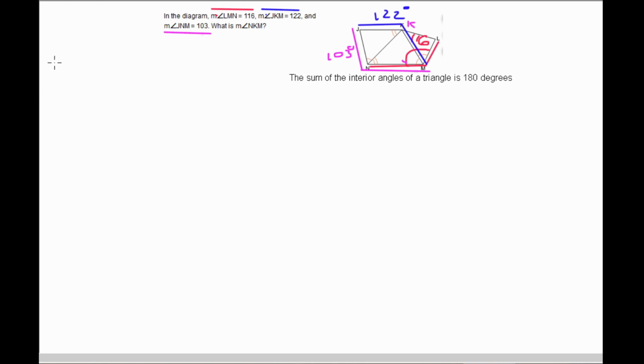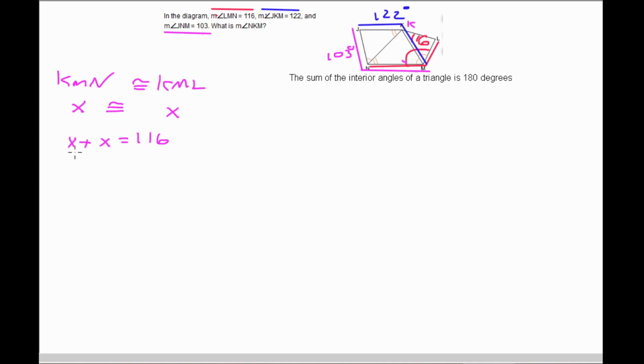What I mean by that is, we know in this diagram KMN and KML are congruent by these two tick marks. So I'm going to call KMN X, and that means that KML is also X, and they're equal. So what I have here is X plus X, right? These two angles, KMN and KML, must equal LMN because it's the overall encompassing angle.